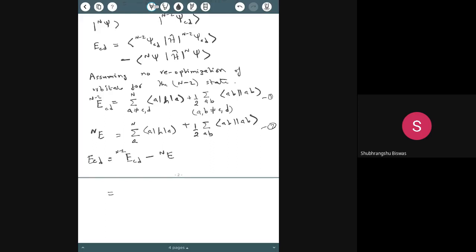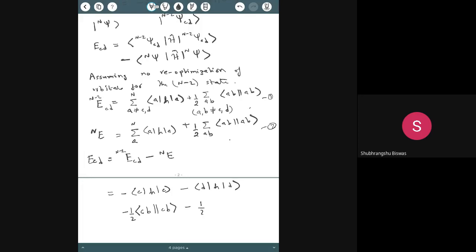So from the 1 electron part, you will directly get minus CHC minus DHD. Now, more careful consideration is required for the 2 electron part. So the terms which are there in 2 but not in 1, they are minus. So when A is C, so that's CB, CB.